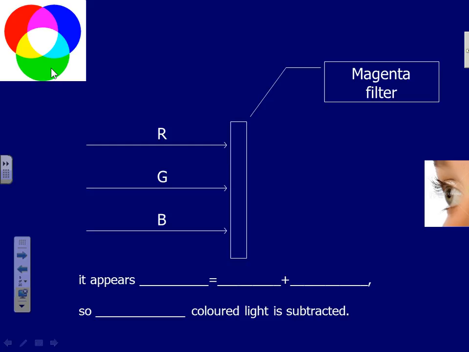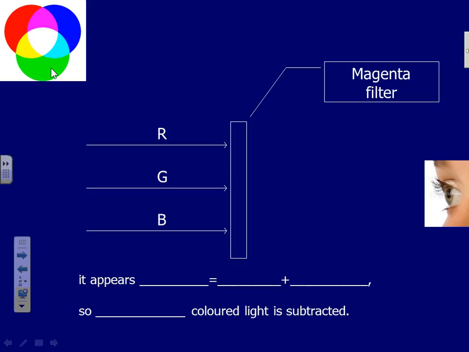So again, using our additive color theory, and our ability to think about what colors we need to see in order to have a certain perception, in order for my eye right here to see magenta, what has to get through? Blue and red.